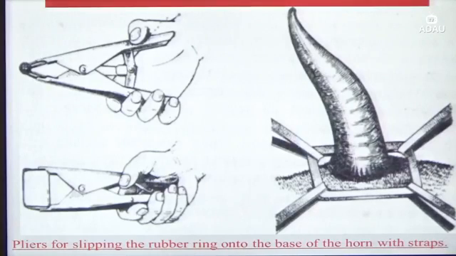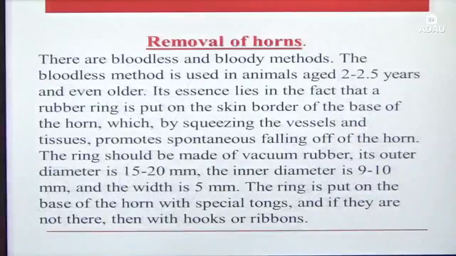We should apply the rubber tube with forceps, surgical forceps. We need forceps, tampons, and special forceps for applying this rubber tube on the base of the horn for removing the horn.